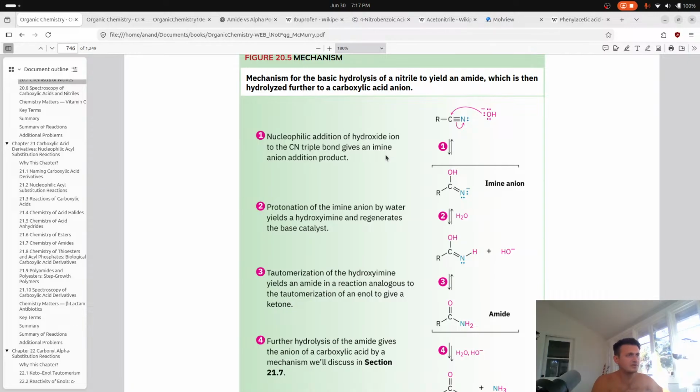Okay, so first we start out with just some R-CN, and then OH minus. And we get R, N minus, OH. So this is the imine anion.